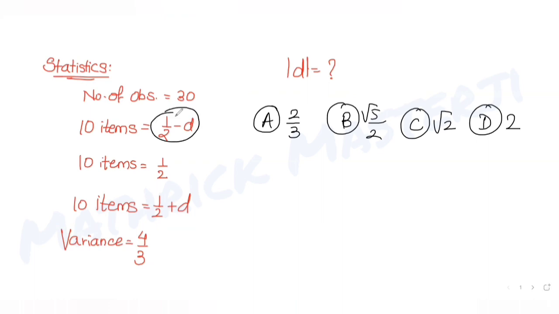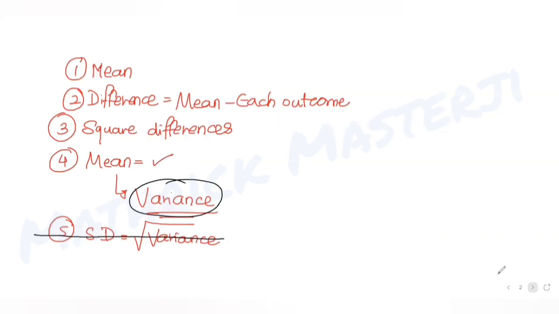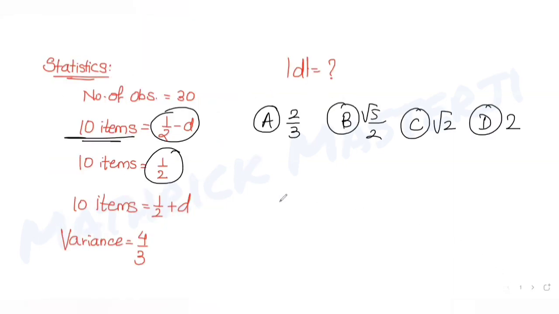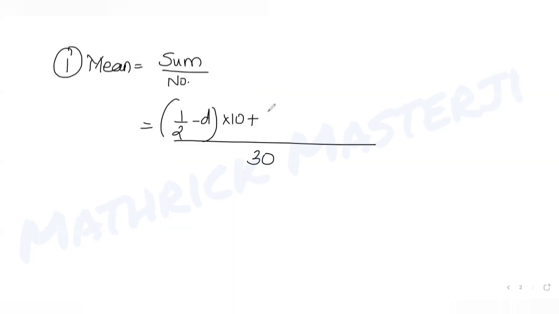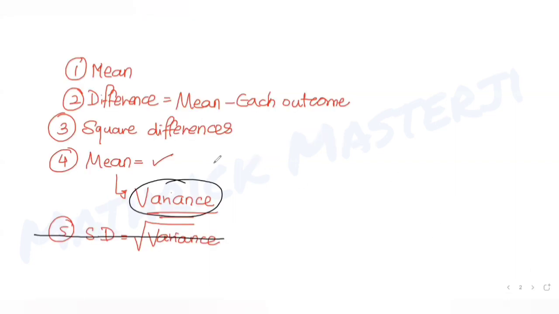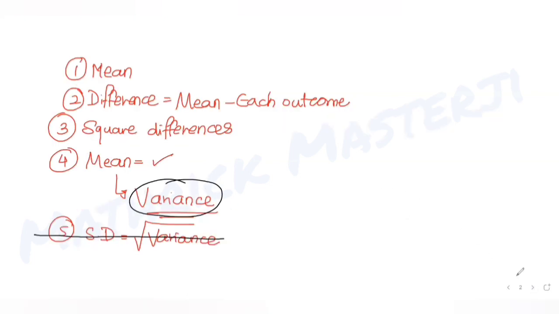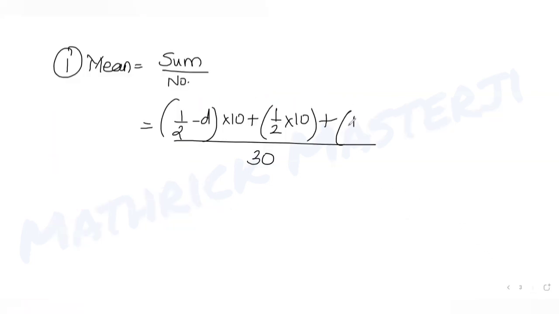We are going to add half minus d 10 times, because each has this outcome, so it makes half minus d into 10, plus the next outcome, half, which is present 10 times, so half into 10. And the next is half plus d, also present 10 times, so half plus d into 10 as well.